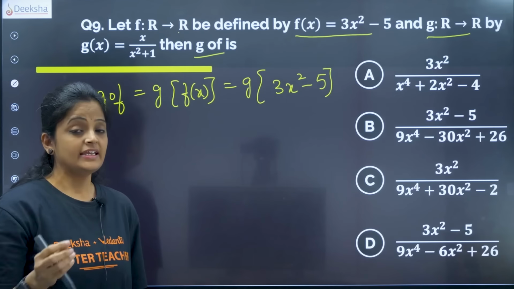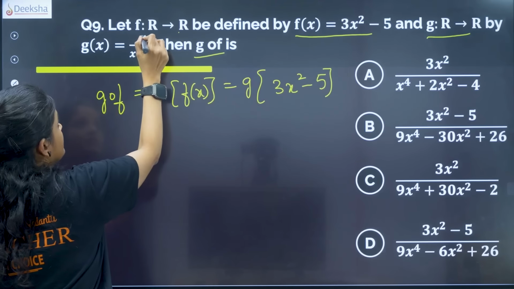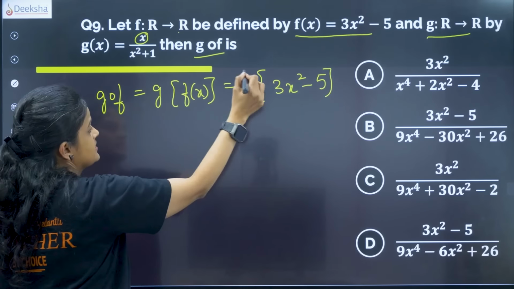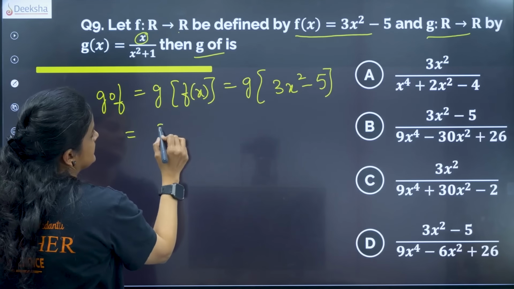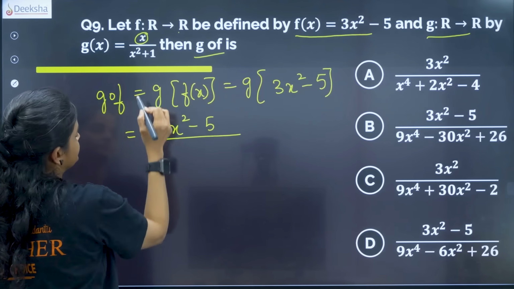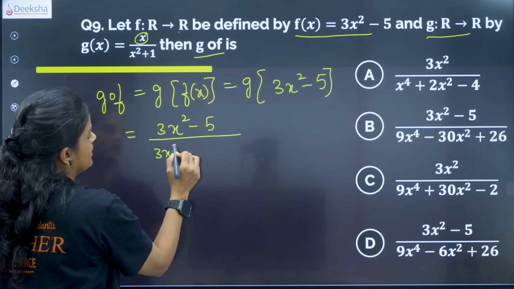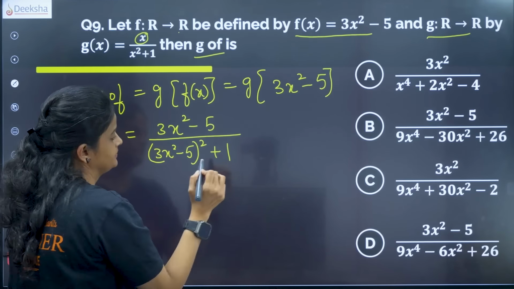That means in the place of x I have to put this. Wherever we have an x, in that place I have to put this value. So we'll do that first. 3x square minus 5 divided by (3x square minus 5) whole square plus 1.